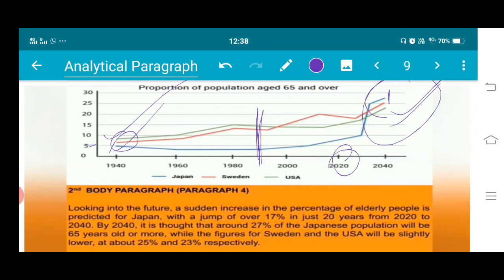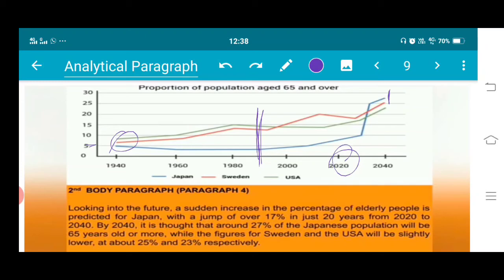They are also increasing, but the growth is slightly lower. They are not increasing as Japan is. So here also a contrast is there. That contrast we have to give.